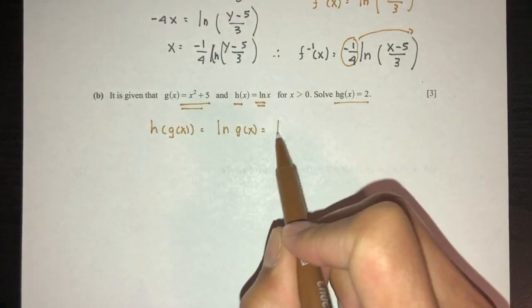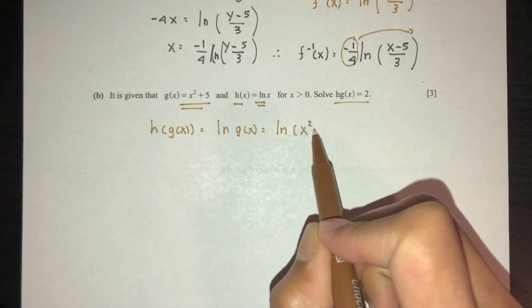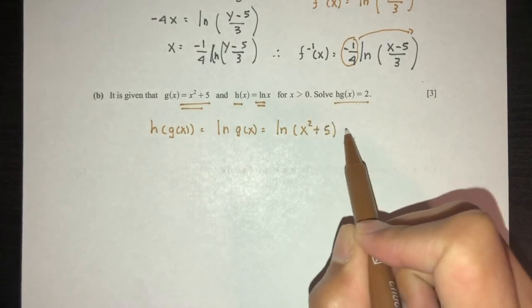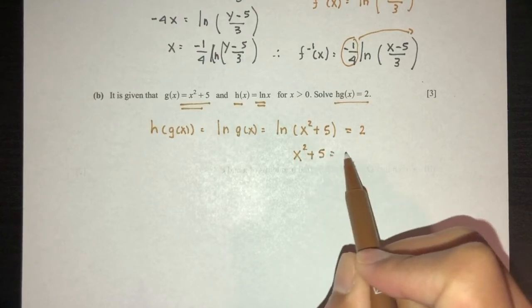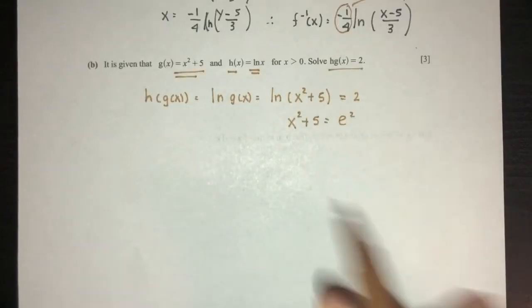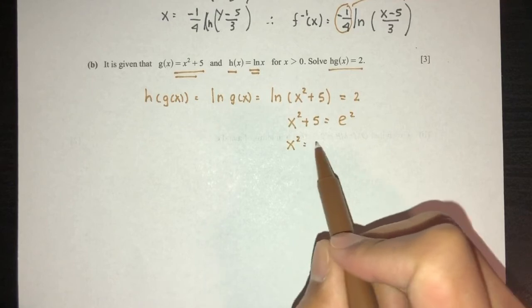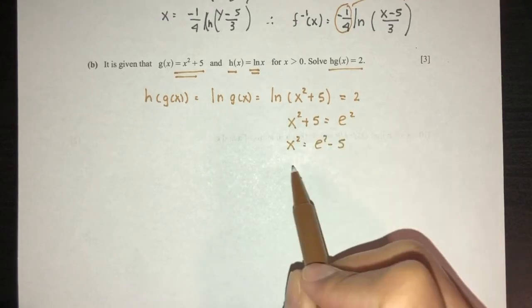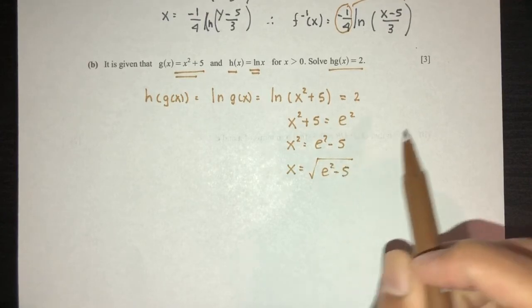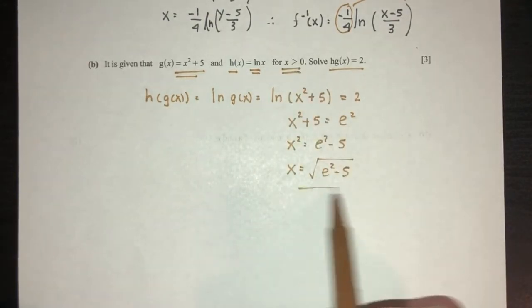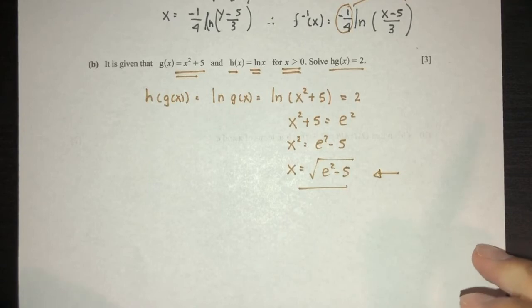That will be ln of x squared plus 5, and that is equal to 2. x squared plus 5 is equal to exponential 2. Now solve: x squared is equal to exponential 2 minus 5. x will be the positive value of this because x cannot be negative. This is your answer for part B.